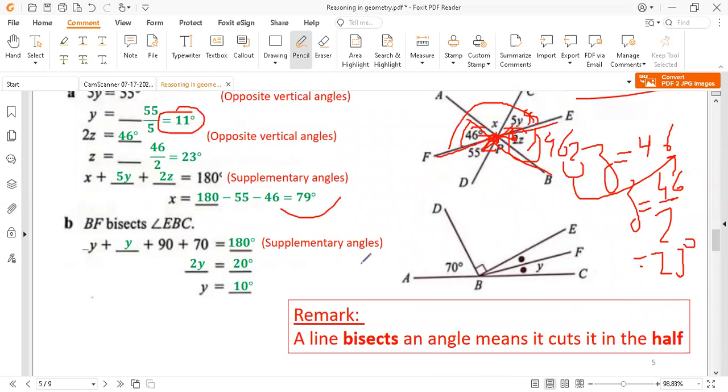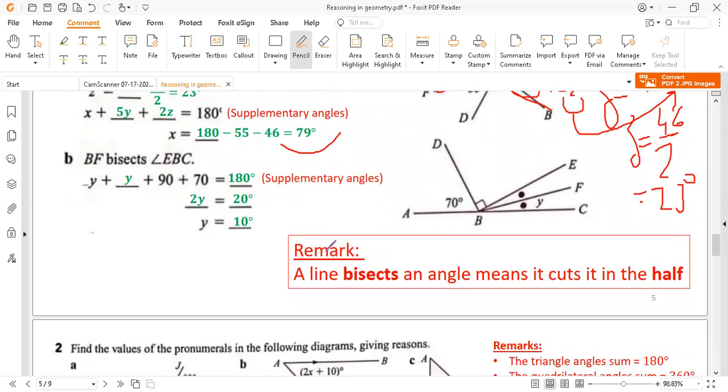Okay. Same, for example here, they gave us that BF bisects the angle EBC. So BF is a bisector, which means it divides the given angle in half.